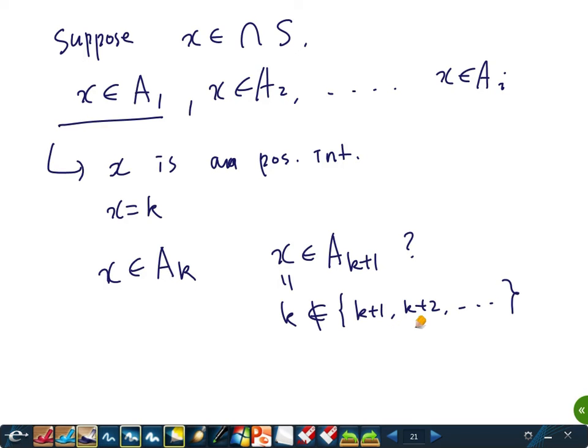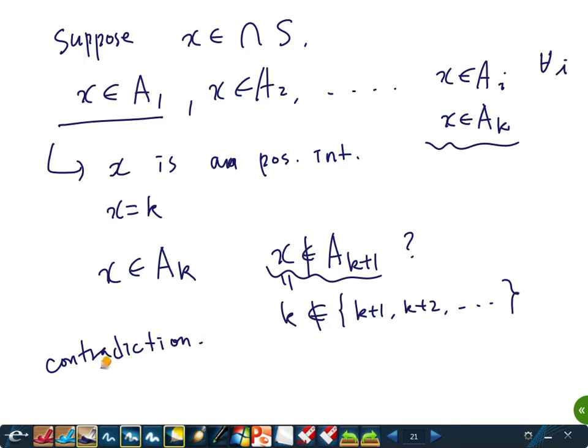That means it is not here. So it's a contradiction. Because we assumed that x is in A_i for every i, we must have this as well, but we had a contradiction.